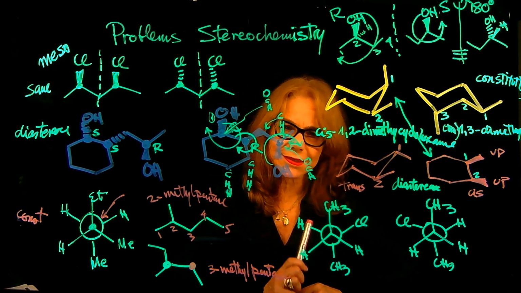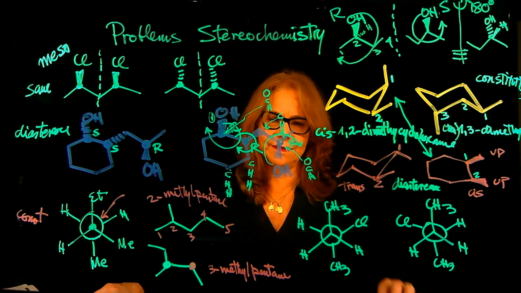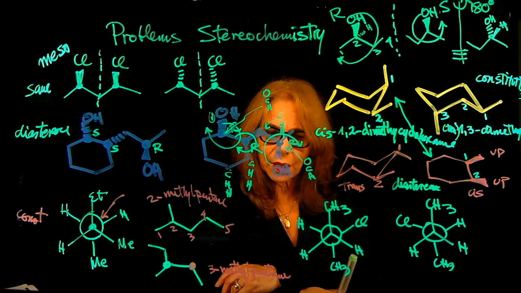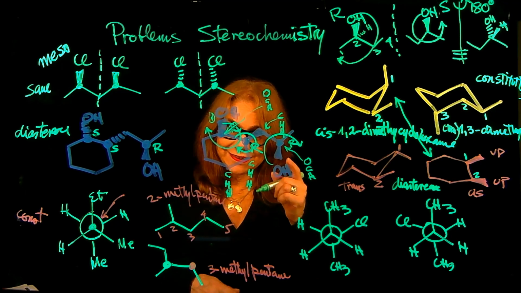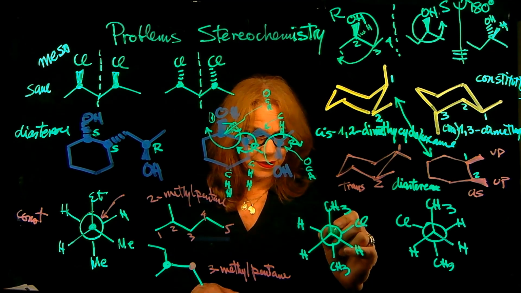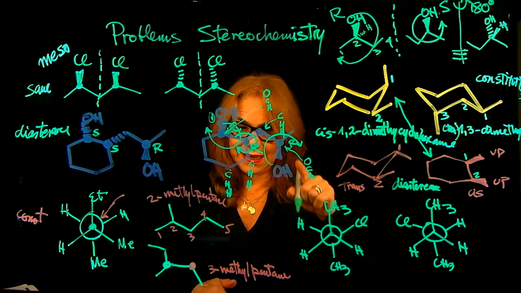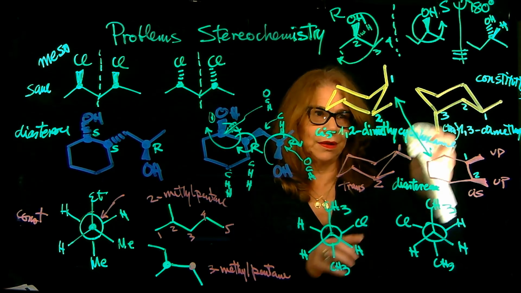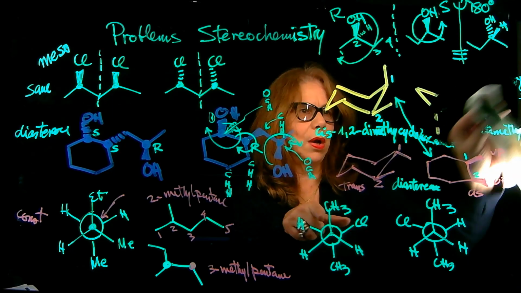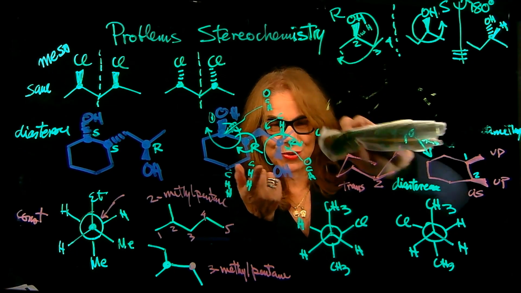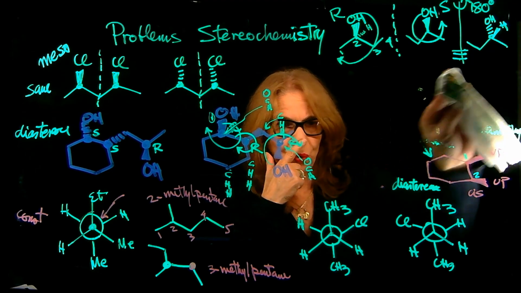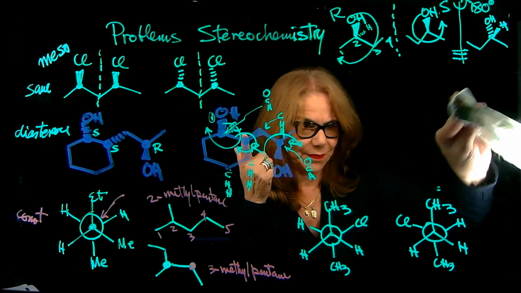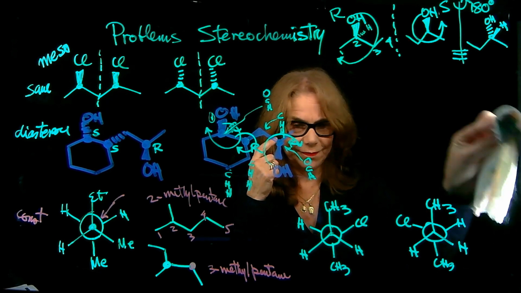So I'm going to do now the last point here. This is easier if we make this a line structure. So now, I'm going to draw a line connecting the carbon in the front and the one in the back. I'm going to erase this one so that we have a little bit of room to do the last problem, which has 2 Newman projections. And what I'm doing is I'm going to redraw that as a line drawing.